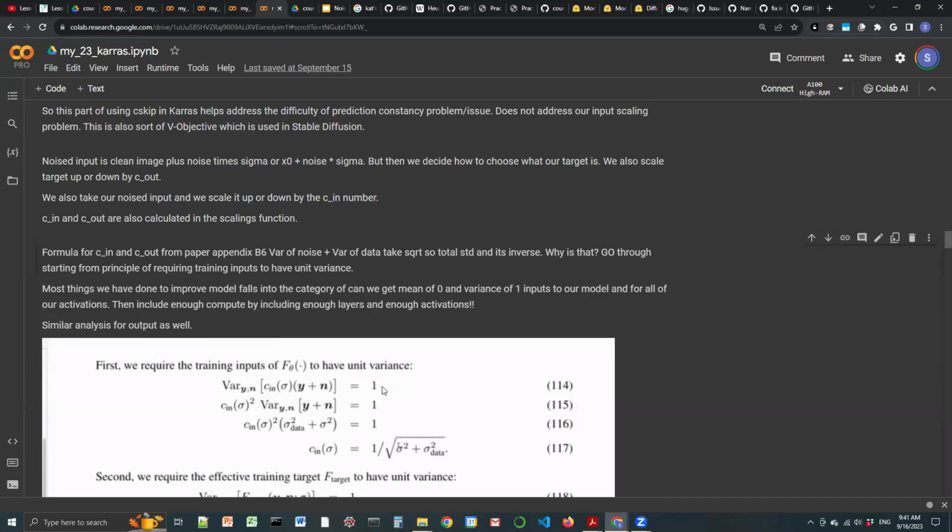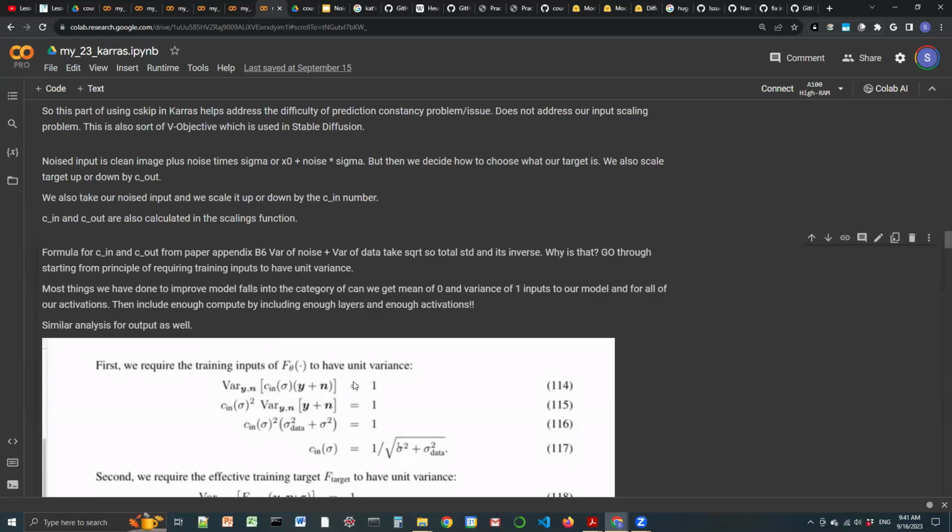This is the reason we initialize the network in a particular way. This is the reason we use batch norms, so many other things, in order to maintain almost at all layers the mean of 0 and a standard deviation of 1. So this is again the same rule they are trying to implement, even as you go on to these more complicated processes such as diffusion models and so on.